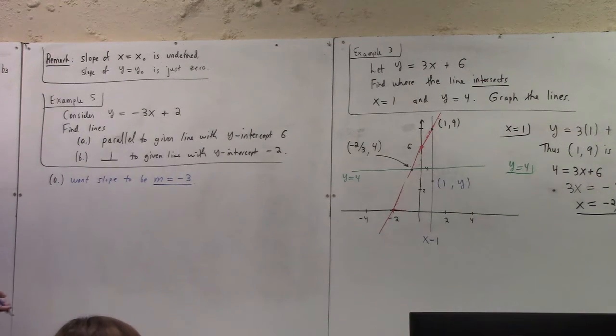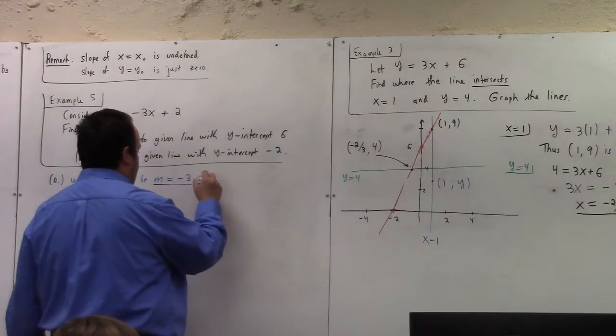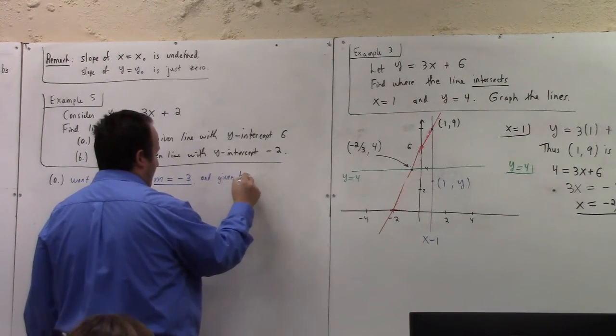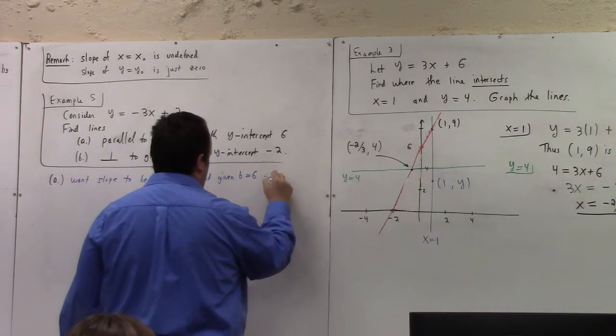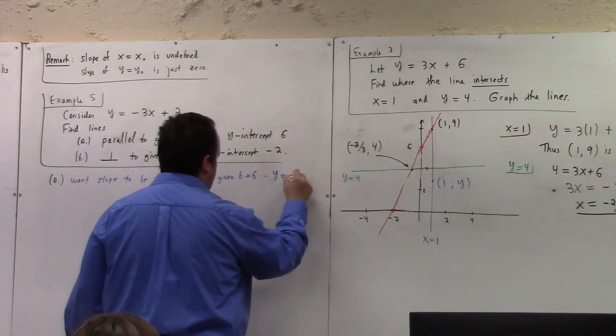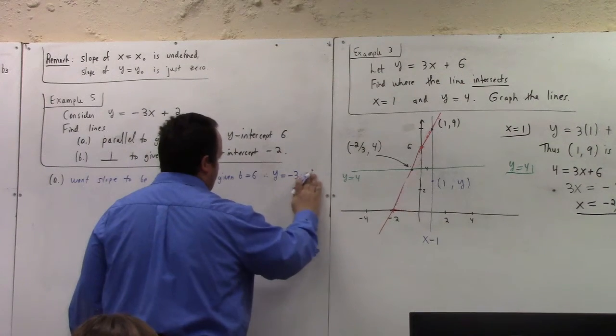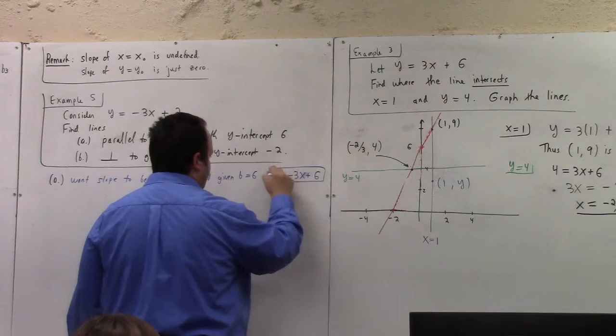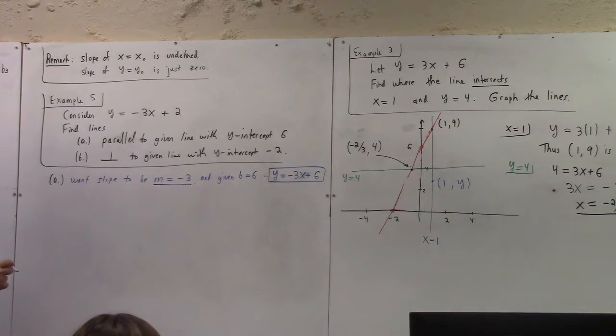We want the slope to be minus 3. And I told you that the y-intercept is 6, right? So what's the equation for the line? y equals minus 3x plus 6. There you go. That's the answer to part A.